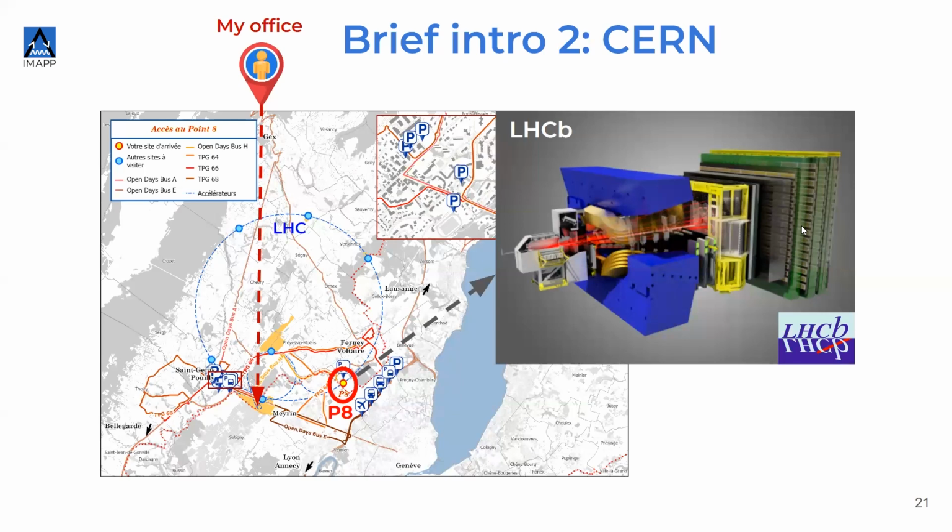I'm working in LHCb right now, so that's my main task. Specifically, I work on the calorimeter, which is this yellow part here, the electromagnetic calorimeter. There are usually two calorimeters in the experiments: one for hadrons, and one for electrons and photons. I work on electrons and photons.